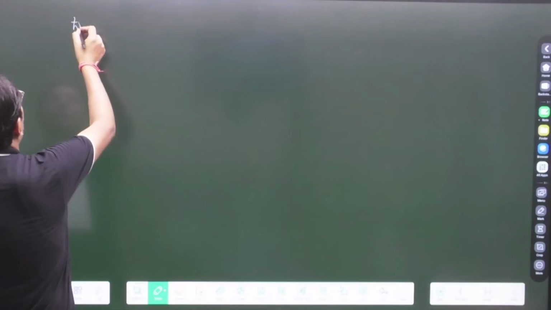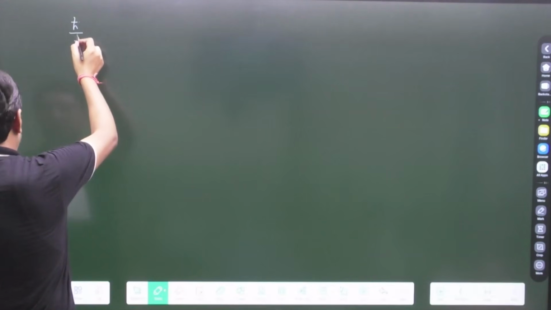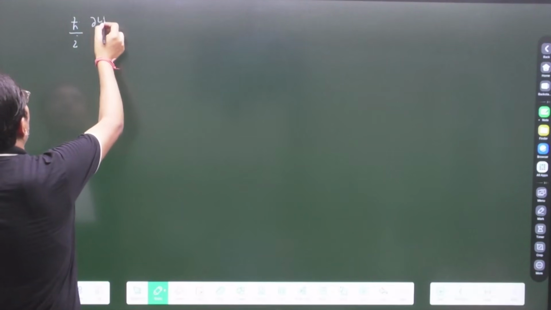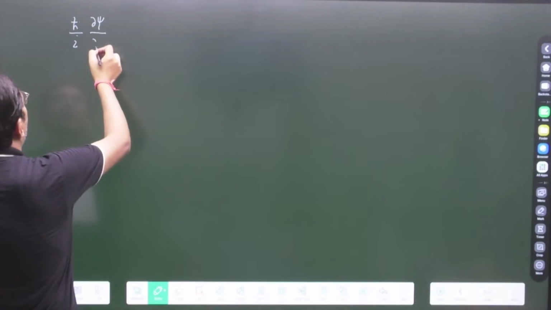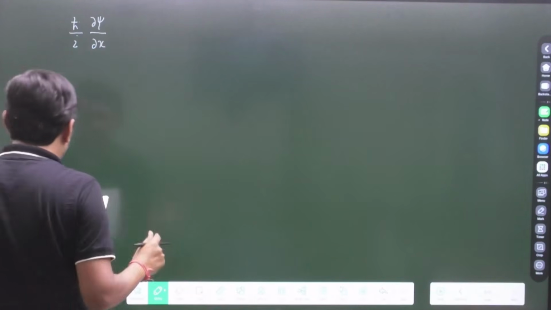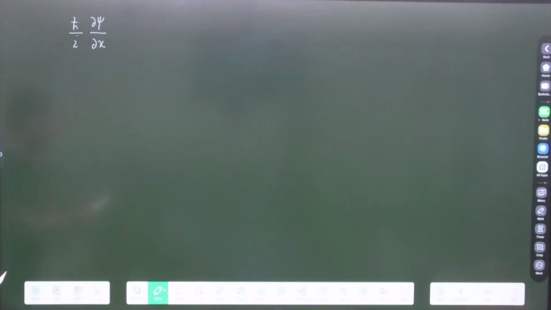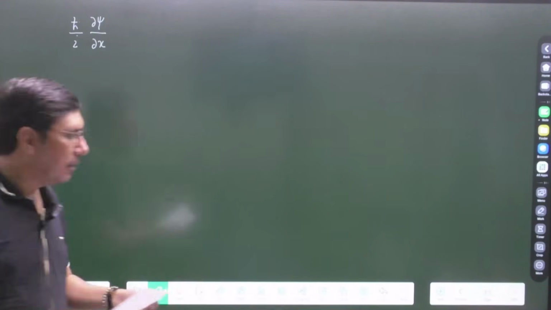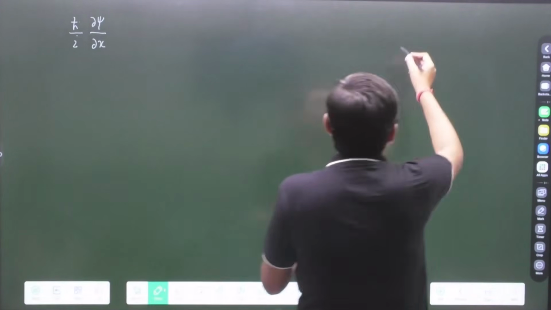What is the dimension of h cross upon i, del psi by del x, where psi is a wave function in 2 dimensions? And 4 options were there.